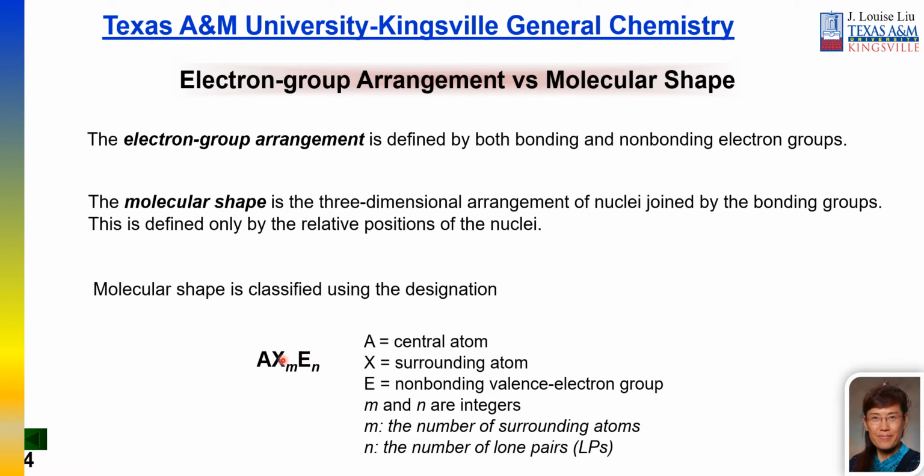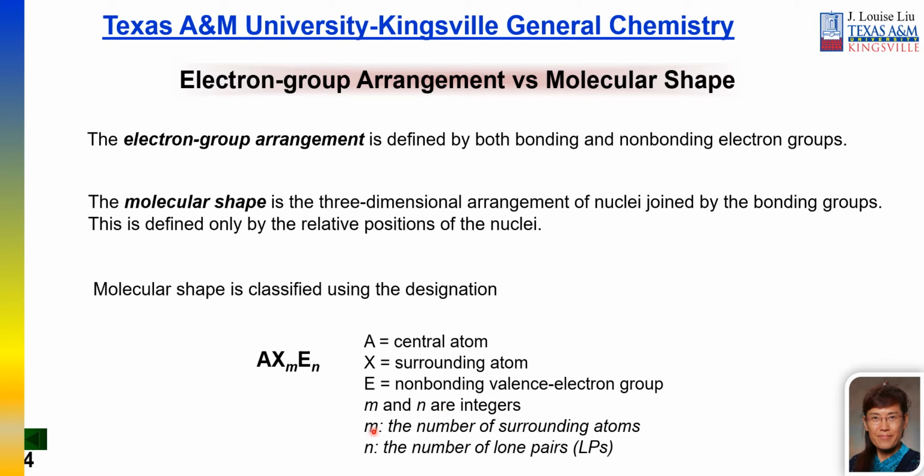As we mentioned, this capital X represents the surrounding atoms. Capital E is the non-bonding valence electron groups. Generally speaking, in most cases it represents the lone pairs, 2 electrons. The smaller m and the smaller n are positive integers.